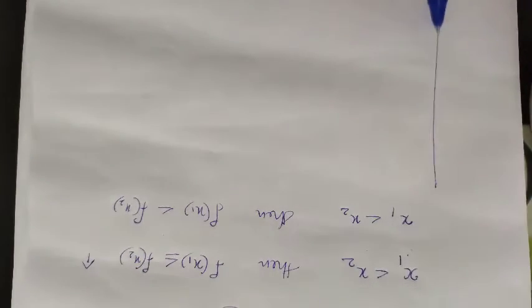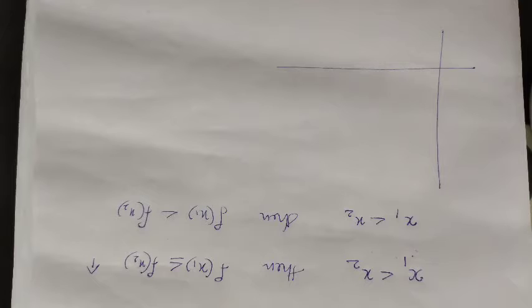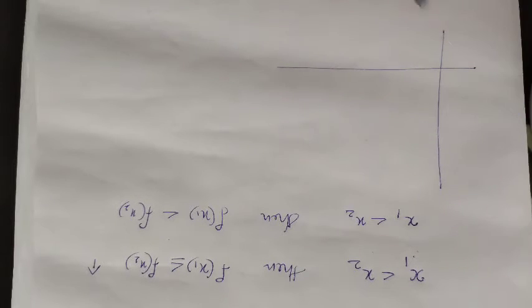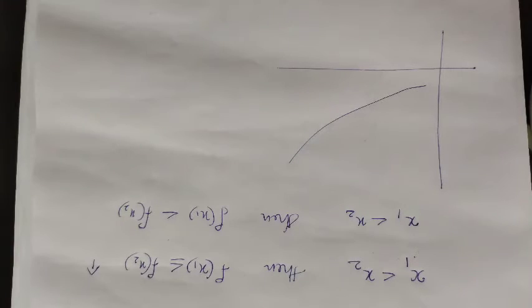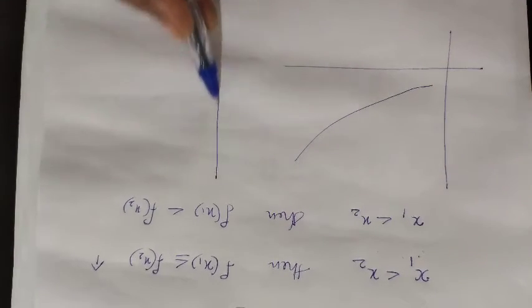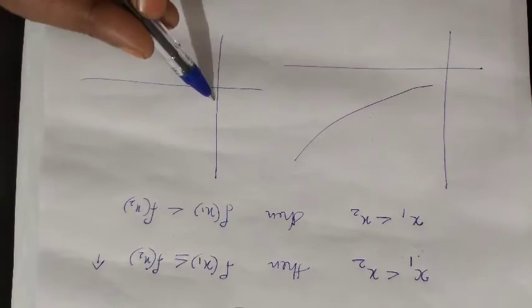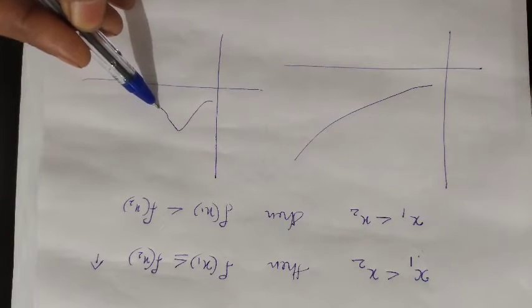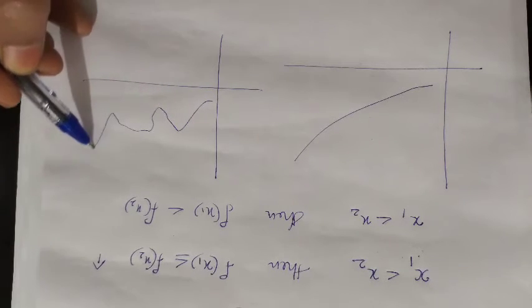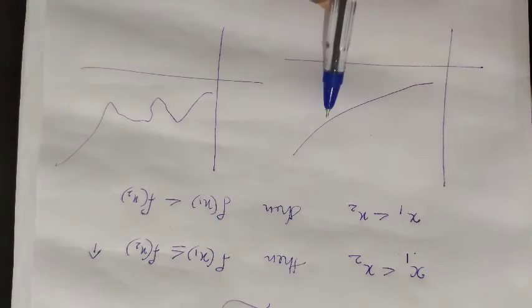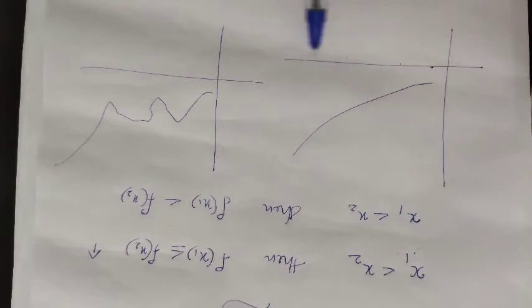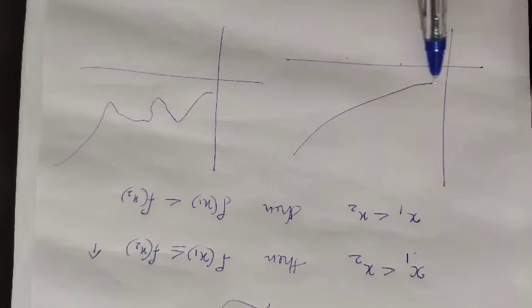Listen, I will show you an example. This is a graph, x-axis, y-axis, the function. One function like this. And I will show another function. See, in this function, for each value of x, for example, if we take x equal to 1, then f of x is 1.